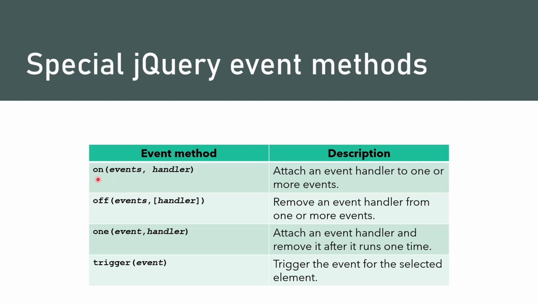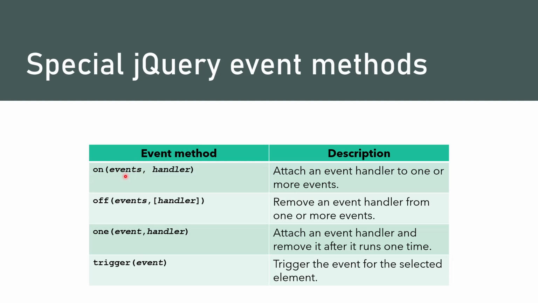So the on event method you can just use to attach an event handler to one or more events. It is pretty much just a quicker version of the addEventListener, of just being able to put .on, and then you can do multiple events.